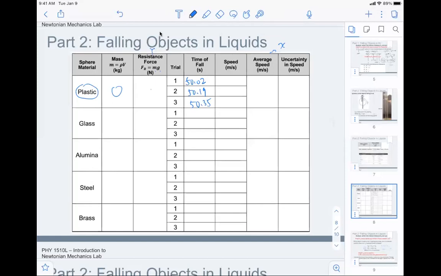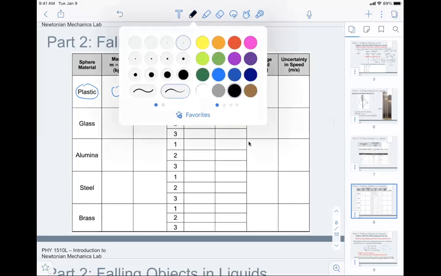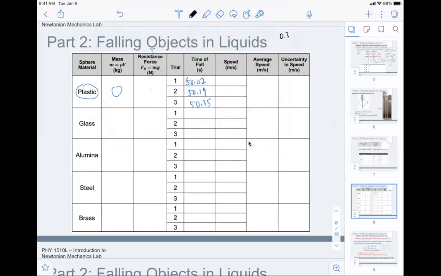So you get these 3 different trials, and you can calculate the speed again. Here you use 30 centimeters divided by the time. So it's going to be 0.3 meters divided by 50.02 seconds. That would be your speed for the first trial, and then divided by another time, and another time.